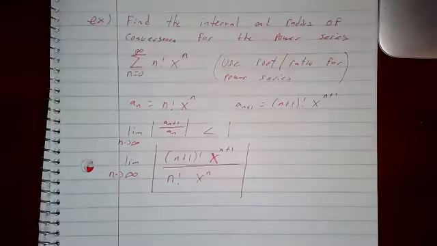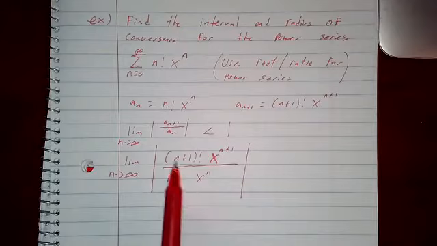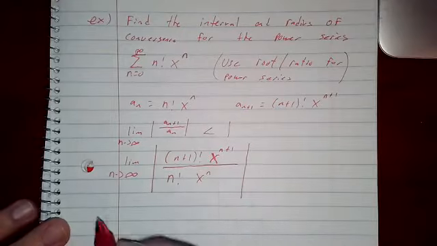So the n factorial cancels out the factorial in the n plus 1, doesn't it? Yeah, it should cancel. We can expand this guy to cancel one of these. So yeah, let's show that.